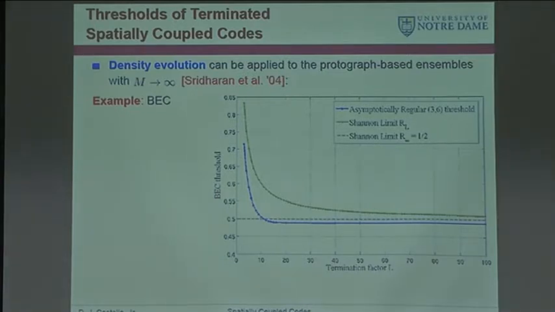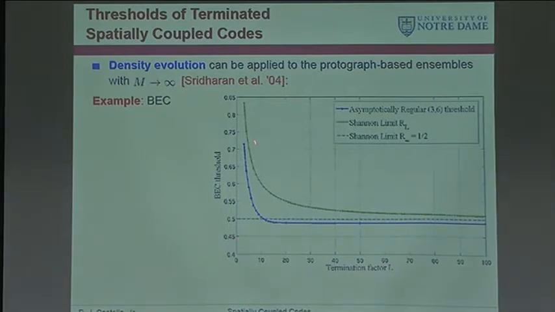So this is the erasure channel, and here we are plotting against the termination factor L, for the 3,6 regular ensemble with termination. For short L, the rates are lower than 1/2. This is the Shannon limit for rate 1/2 codes on the erasure channel, and this would be the Shannon limit for the corresponding rate given the termination factor.